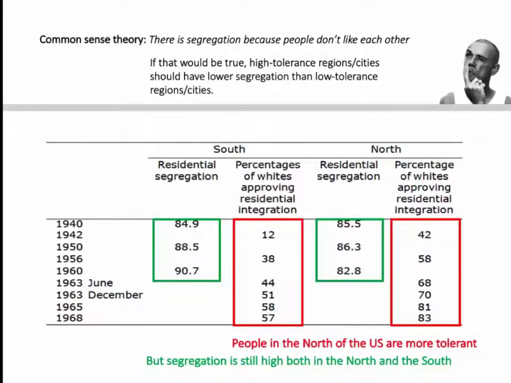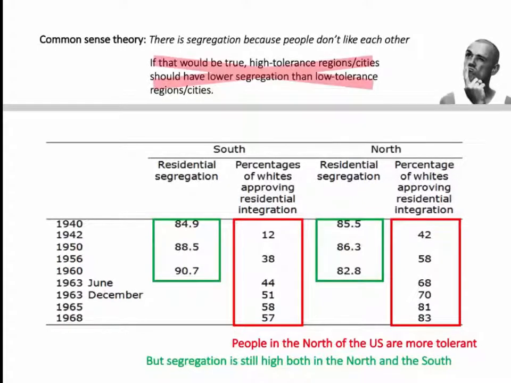So when we compare these two things, people in the North of the US are more tolerant, but segregation is still high, both in the North and the South. You see, our explanation doesn't seem to cut it here, because it doesn't explain something that would have to be true as well, if our explanation were what is driving things, if it is about individuals discriminating against people.